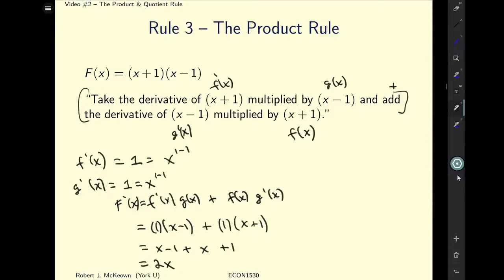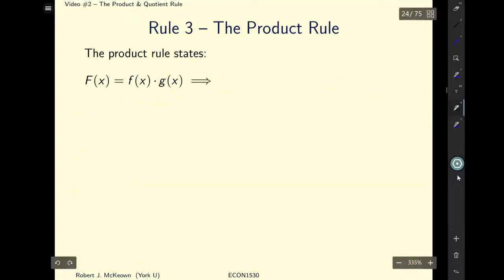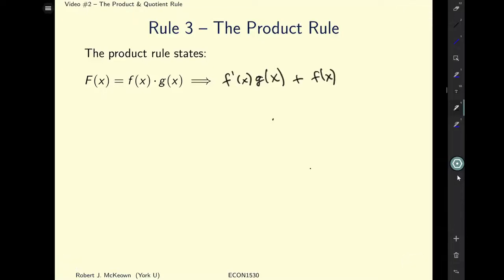And so let's formalize this rule. I've kind of done it here, but let's go over it again. The product rule states that if we have a capital F function that can be broken into two smaller functions that are multiplied by each other, we're going to get f prime x plus f of x, so the little function on the left, times the derivative of g of x.